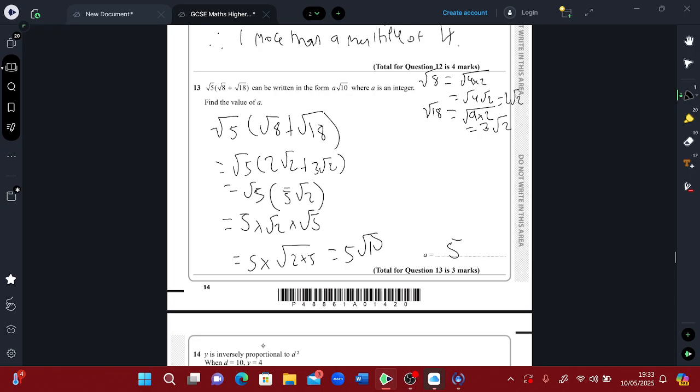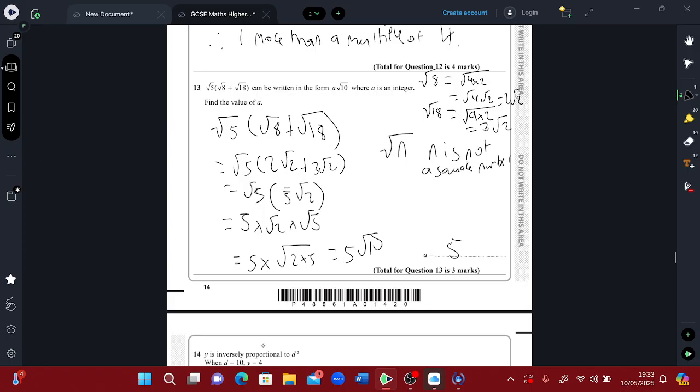A lot of people seem to really panic with surds. They're a bit confused about what surds are and feel like it's a mess. Essentially, a surd is just a number with a square root of the form root n, where n is not a square number.